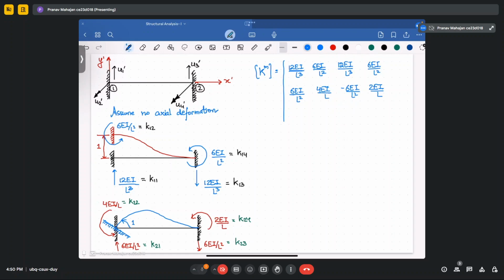And similarly, if you move your node 2 in the vertical direction, if you provide unit displacement to that, you will receive the value as negative to the one that you have obtained in the first case.